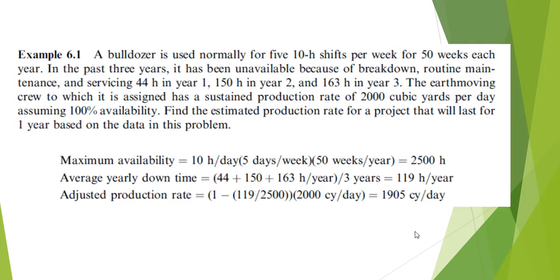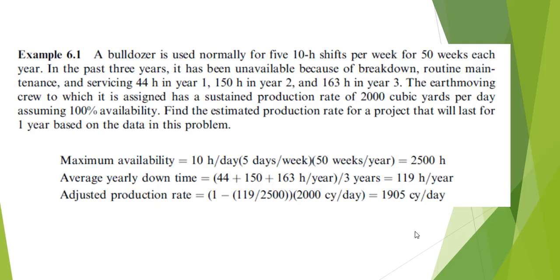Besides solving the immediate problem of what the production rate is, you're also going to want to investigate why the amount of breakdown time, unavailable time, is increasing significantly. So that's a different problem, but that's one of the things.